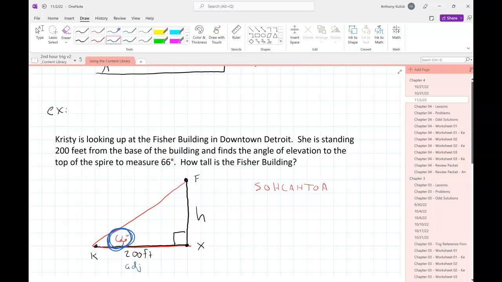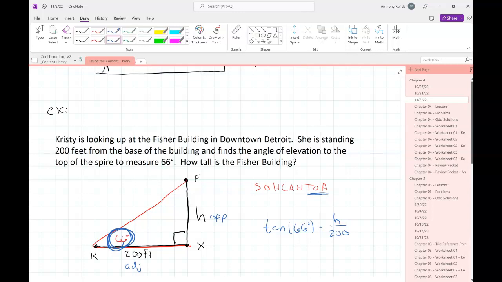That is adjacent. And what is the H, the side we want to know? Opposite. So we should use tangent. So we'll say tangent of 66 degrees equals opposite over adjacent. Does everybody feel okay with how I came up with that?